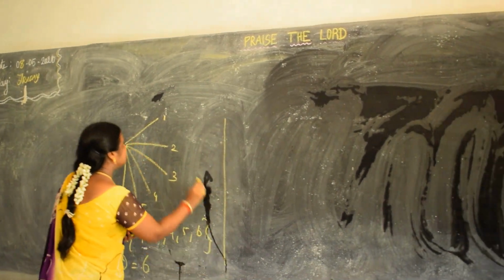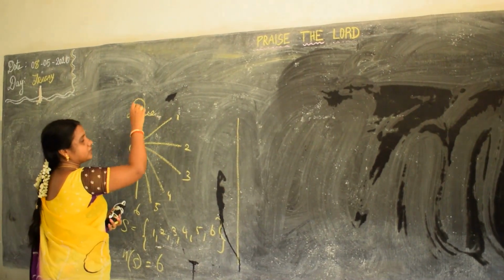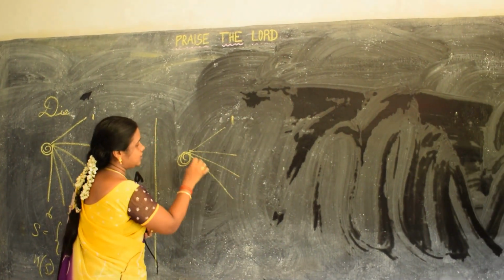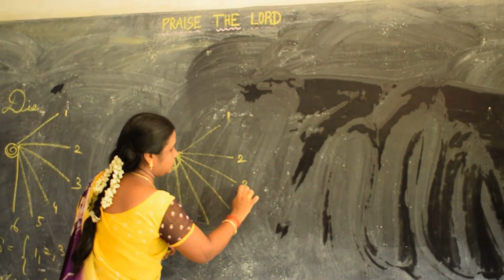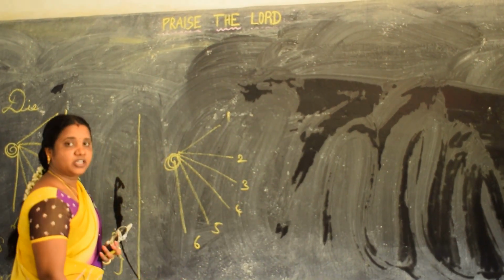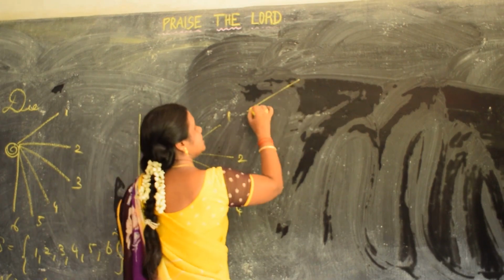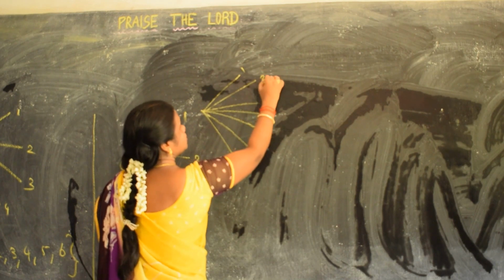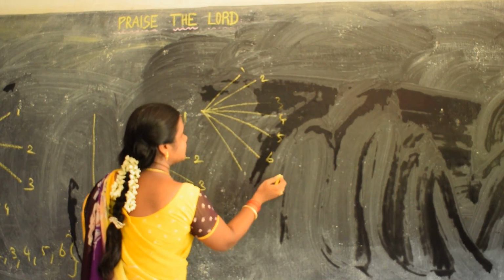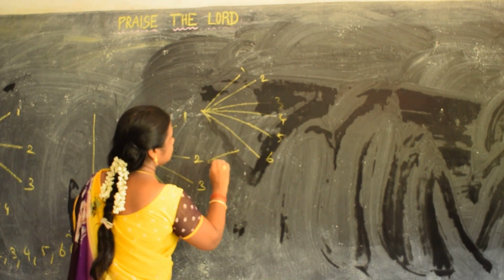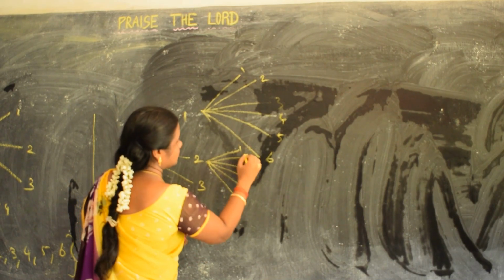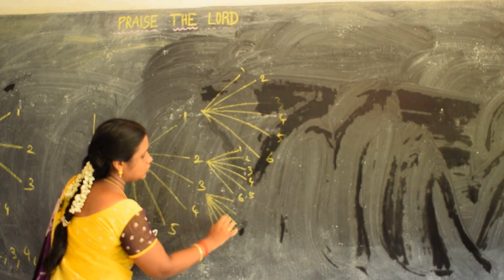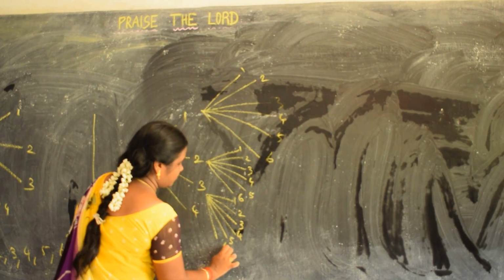If you roll a single die, what we will write? 1, 2, 3, 4, 5, 6. If you roll 2 dice, our possible outcomes are, 1, 2, 3, 4, 5, 6. Here also, these are all the possible outcomes if you roll 2 dice.